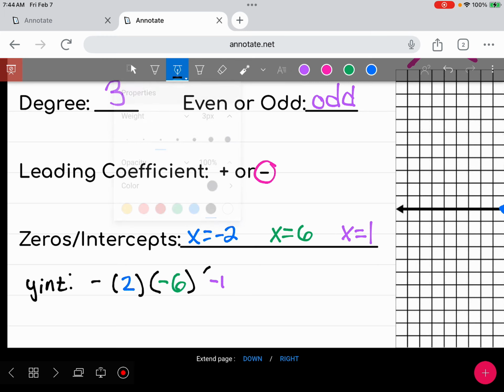If I multiply minus 2 times minus 6 times minus 1, what is minus 2 times minus 6 times minus 1? What's minus 2 times minus 6?